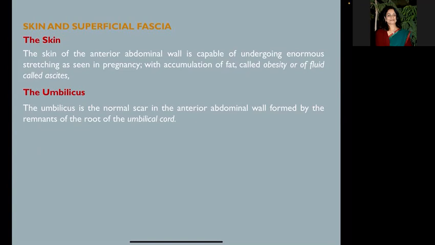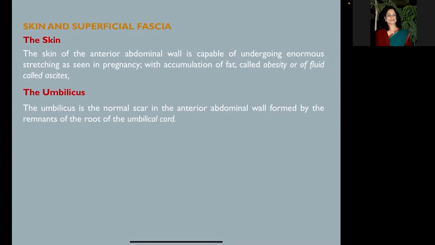So the skin is stretchable and has all the characteristics as the skin of other parts. It has glands, it has hair, and it is very much elastic and thin.